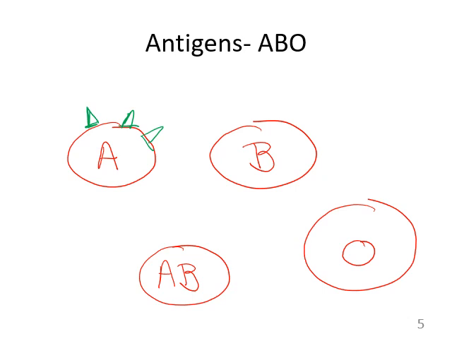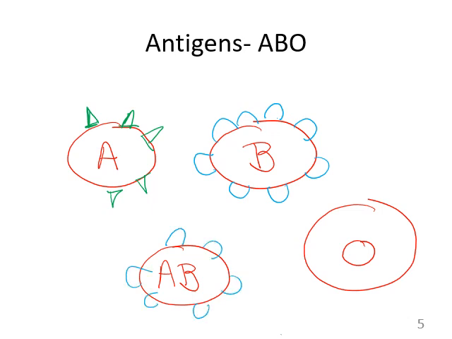Not what they look like, but just for representation, those are our antigens. If we have type B, then we have these little blue ovals or blue arches. If we're AB, we have the blue arches, and we've also got the A.